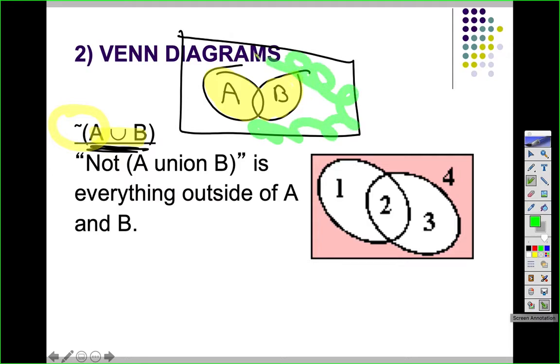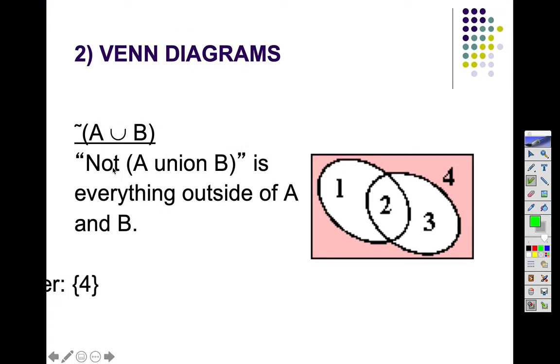So not in yellow would be the green. So the answer is, of course, just the shaded pink region because it says just, and don't forget parentheses for math. Do this first, unite the two, and then take everything on the outside. So that's why the answer is just the number 4 and pictorially everything outside of the union. And union again means or, A or B, but that's everything.